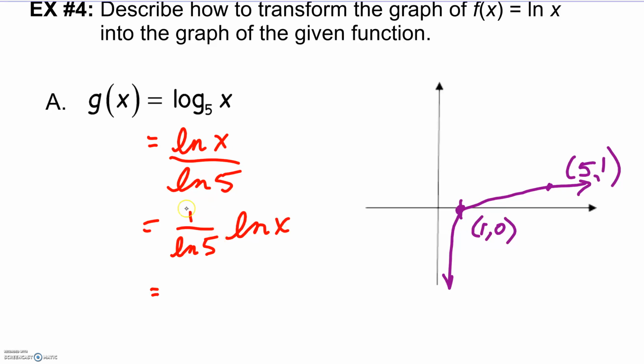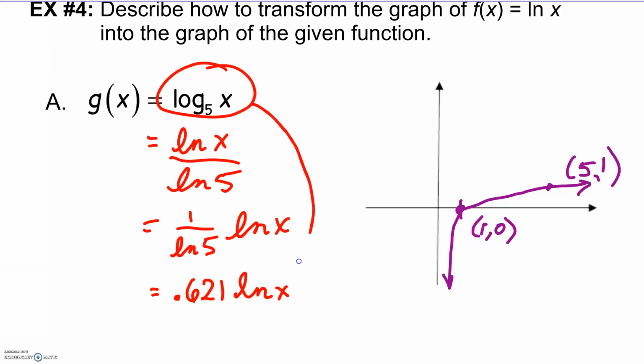I put 1 over natural log 5 into my calculator, and I got 0.621. So really, that means that log base 5 of x is equivalent to 0.621 times the natural log of x. In other words, a vertical shrink by a factor of 0.621.